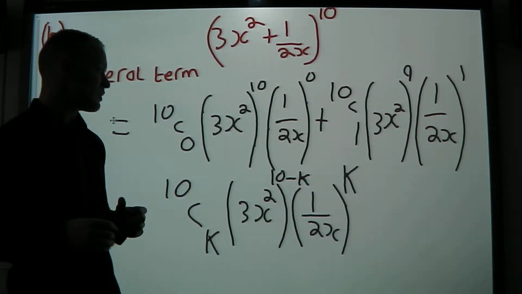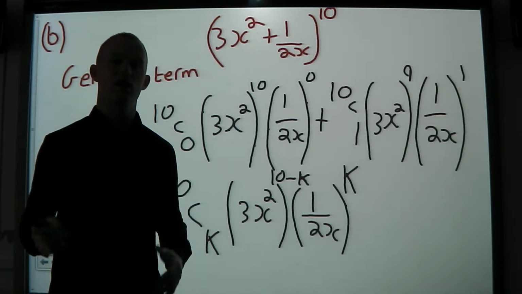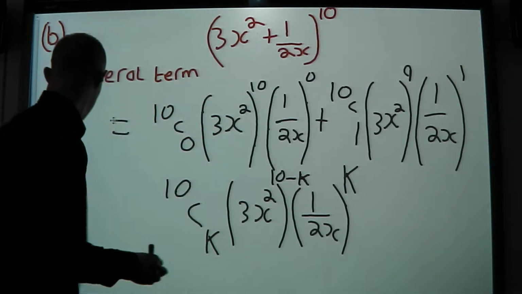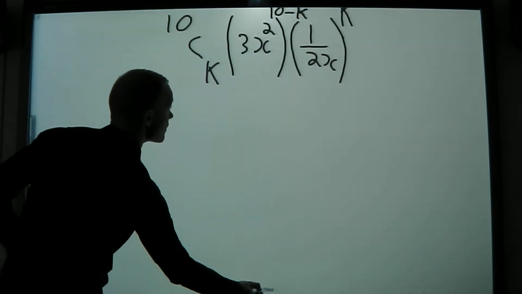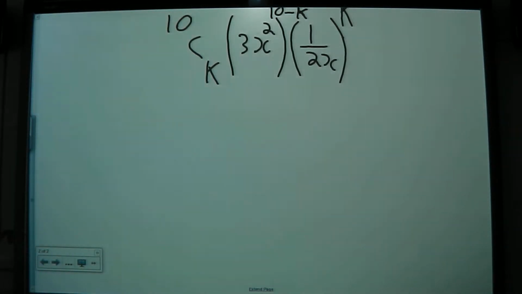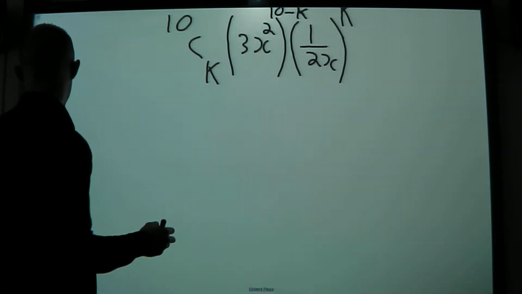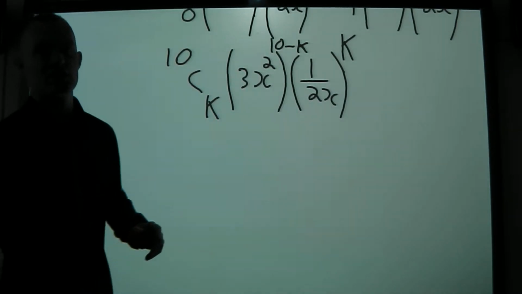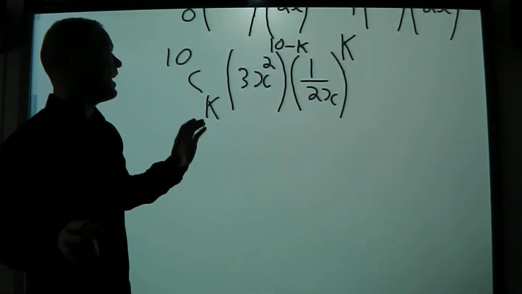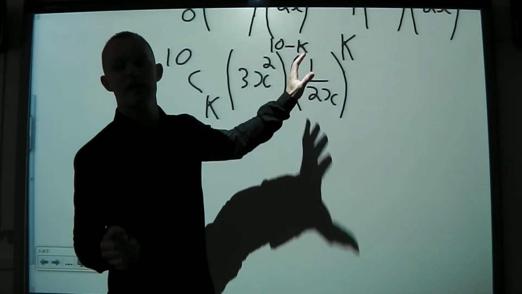Now our next question is we're asked to find the coefficient of x to the power of 8. Now, we're not really interested in the coefficients of x. We just have to find out what term the k is.